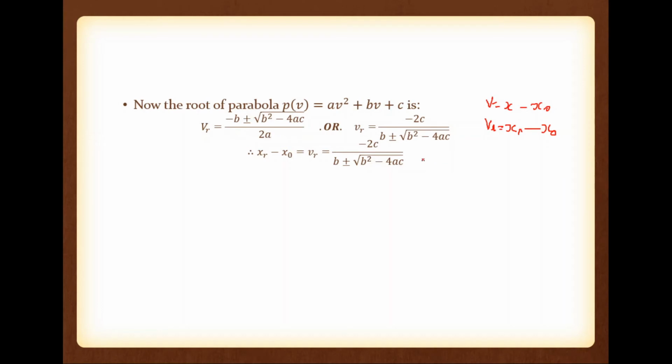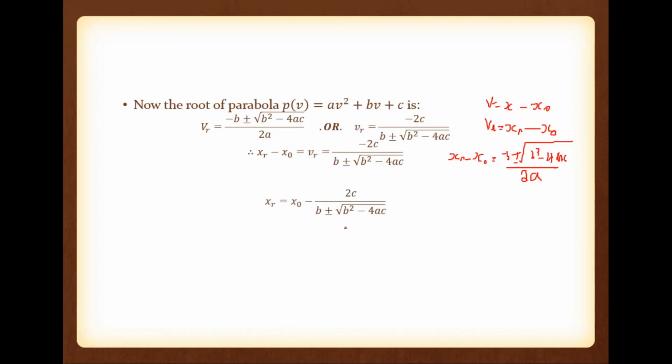That is, xr minus x0 is equal to minus b plus or minus root of b square minus 4ac, divided by 2a. So this is xr minus x0. So now what is xr?